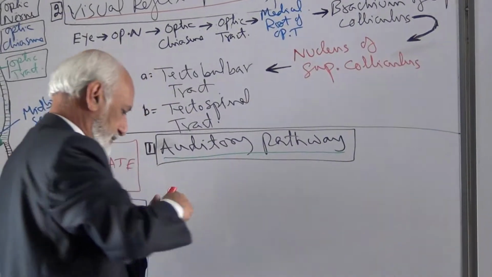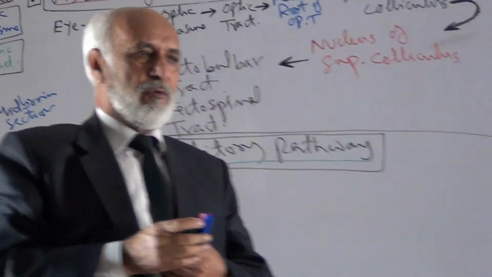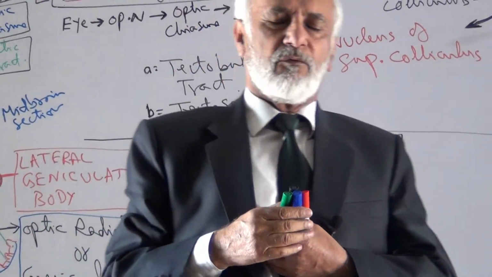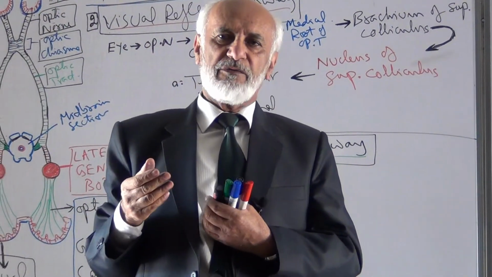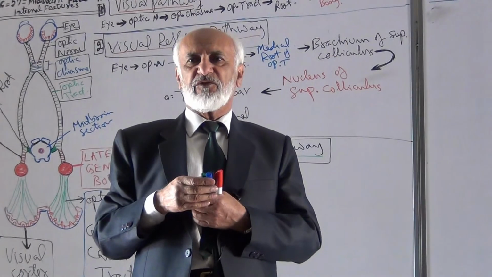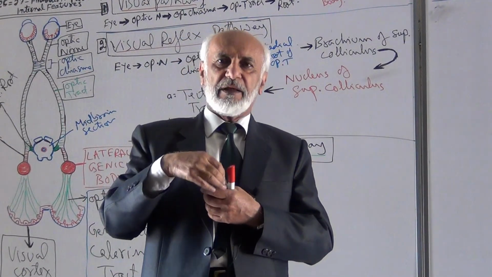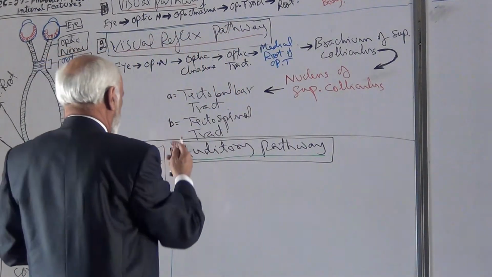Auditory pathway. Now you know the vestibulocochlear nerve. It comprises a vestibular division and a cochlear division. The cochlear division of vestibulocochlear nerve is for hearing. So what is the auditory pathway?